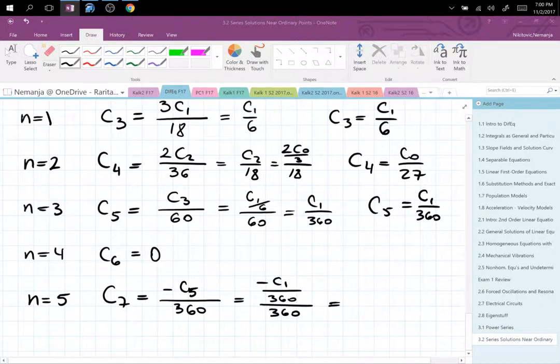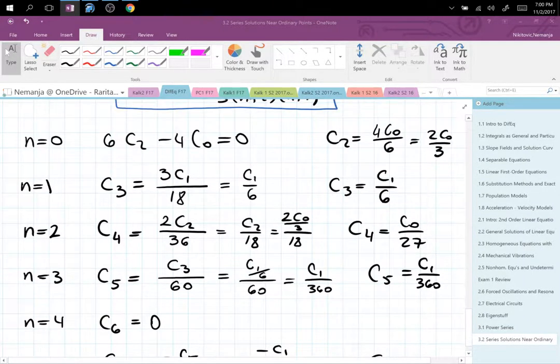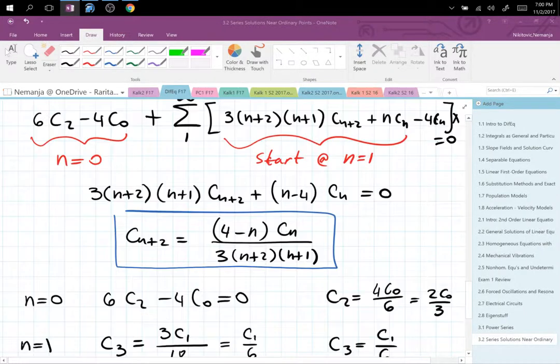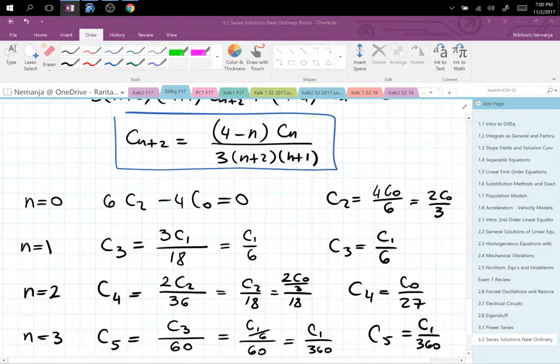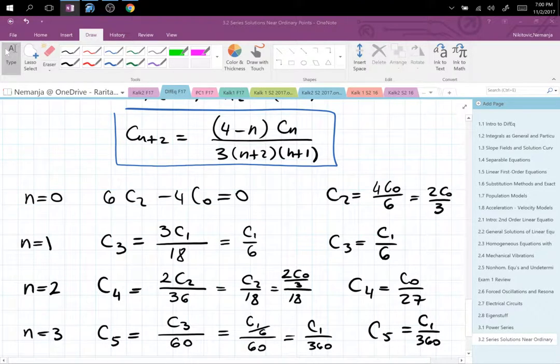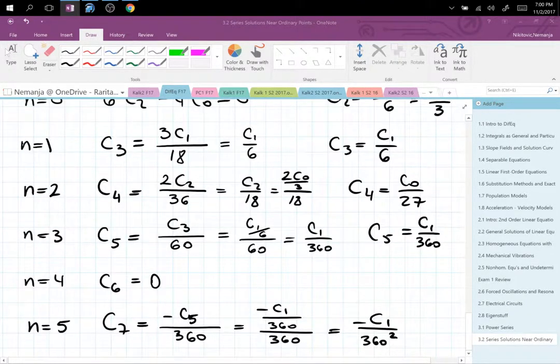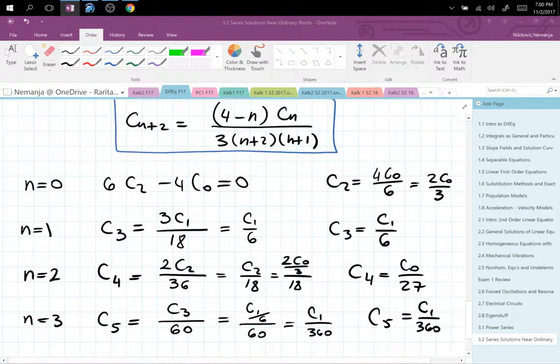So this is negative c1 over 360 squared. Wait, if we're putting 5, it would be 3 times 7 times 6. Oh, it's not 360. Yeah, it's plus 2. All right, so it's not 360. 360 would be for c6.